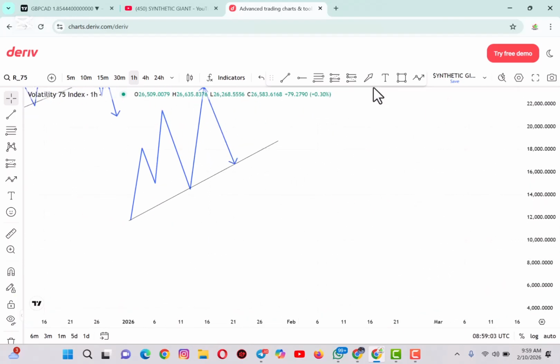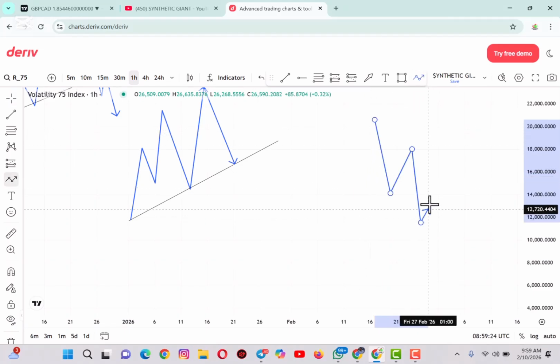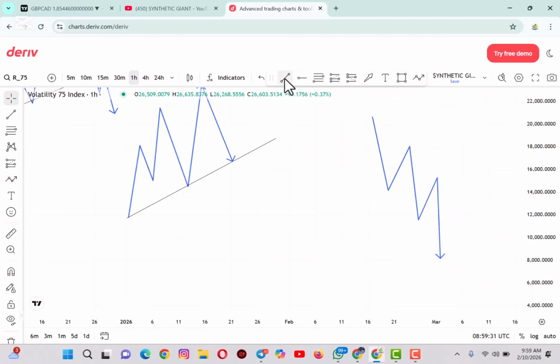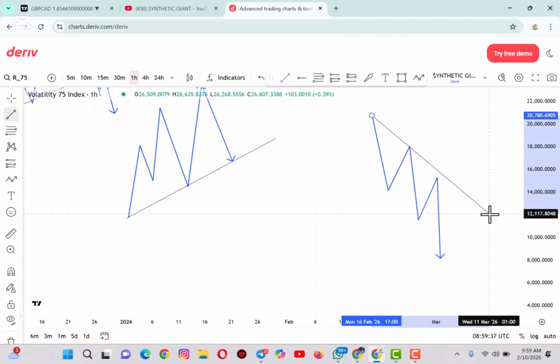Now if you're looking out for a bearish entry, that means the market is showing characters like this. Then just pick your trend line tool and try to join at least 2 points together. Okay, the moment you're able to join 2 points together, you're good.